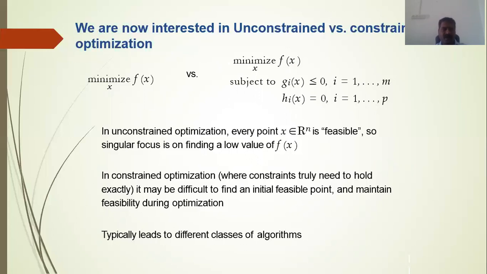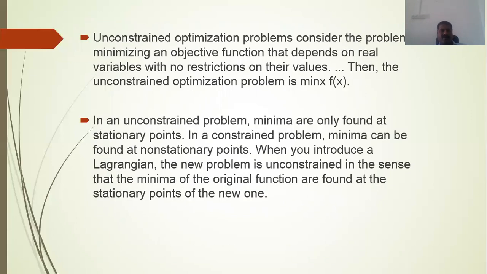So the singular focus is on finding how low the value of f of x can go. Whereas in constrained optimization, where constraints truly need to hold exactly, it may be difficult to find an initial feasible point. So this typically leads to different classes of algorithms, right?